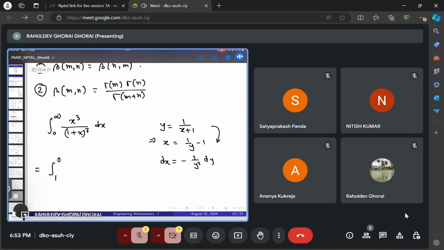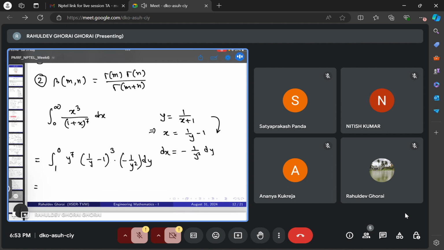So now 1 by 1 plus x to the power 7 will be y to the power 7, times x, which is 1 by y minus 1 to the power 3, times dy. dx will be negative of y square times dy. Did you get what I did? I just substituted all the values in terms of y.